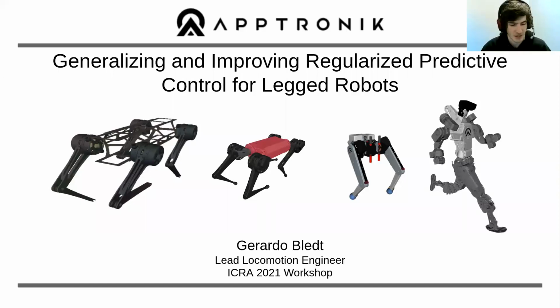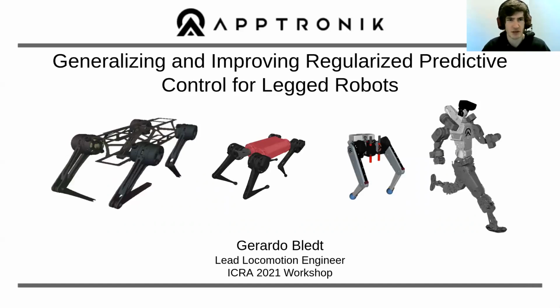Great, thank you. So yeah, like you said, my name's Gerardo. I did my PhD in the biomimetic robotics lab at MIT, and I'm now working as the lead locomotion engineer at Aptronic, designing control algorithms for legged systems.